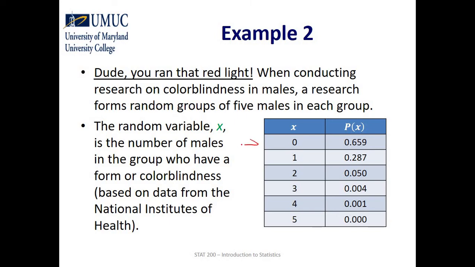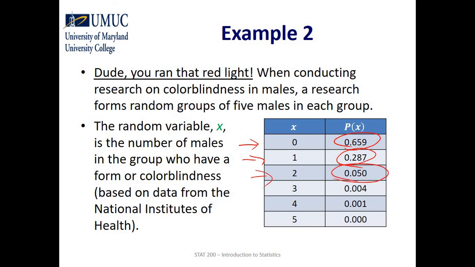The probability that any particular group has 0 people with color blindness is 0.659. The probability that any particular group has 1 person with color blindness is 0.287.